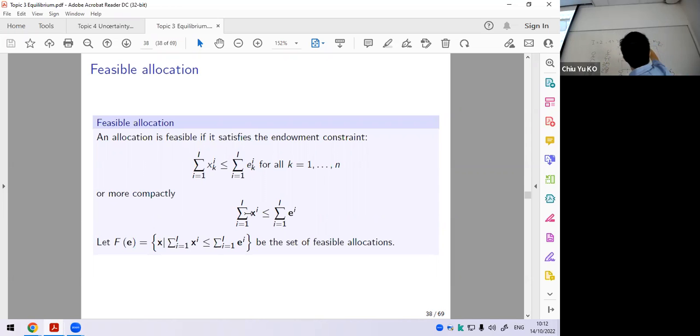From the girl's perspective, there are 3 apples, and the banana here is 2 bananas. So this point is actually representing the exact endowment.